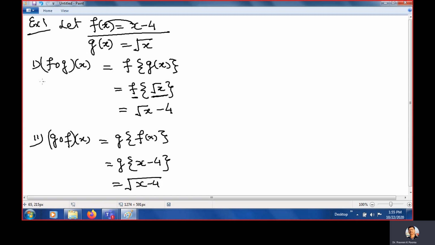So this is one type of question where we are evaluating f composition g and g composition f. Now we need to calculate the domain. Clear? If we need to find the domain of f composition g, what is it equal to?